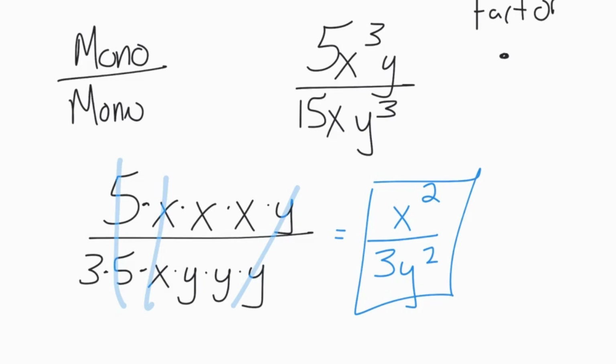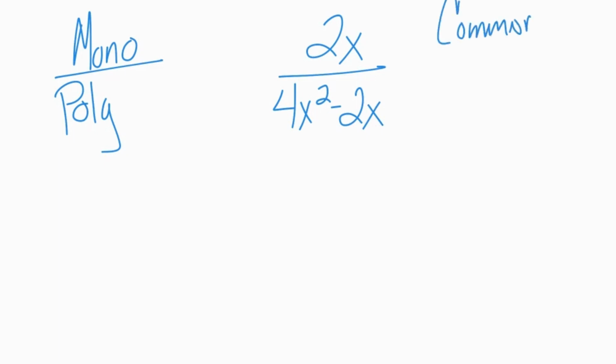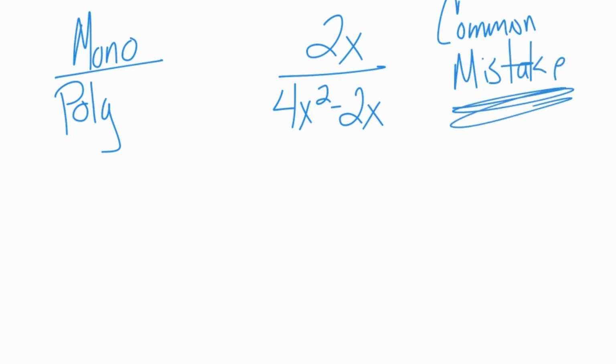What happens if we have a monomial over a poly, meaning something that has more? So that would look something like a 2x over a 4x squared minus 2x. The common mistake is students just wanting to take and cancel out those 2x's.